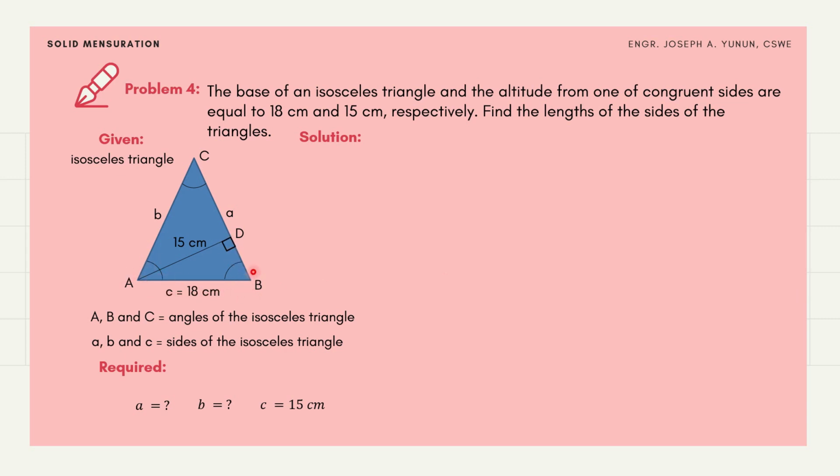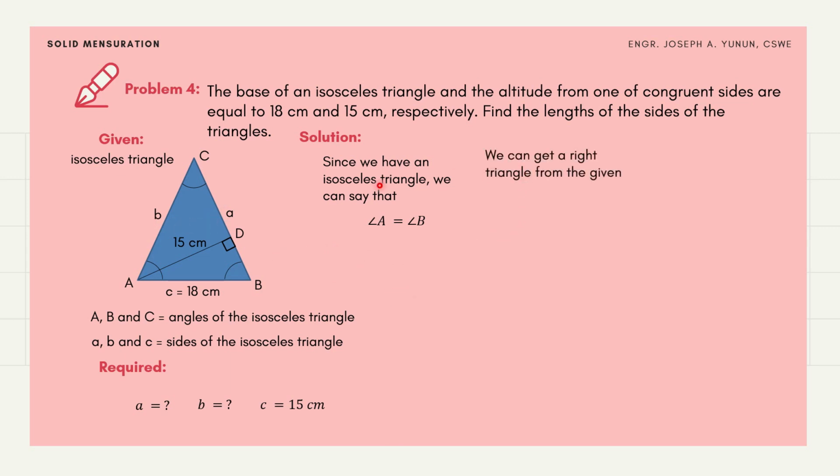So based on the given, a right triangle. I have two right triangles here, triangle ABD and also triangle ACD, since this is a perpendicular angle, and this is also a perpendicular angle here, or 90 degrees. Since we have an isosceles triangle, we can say that angle A and angle B are equal, similarly with side a and side b.